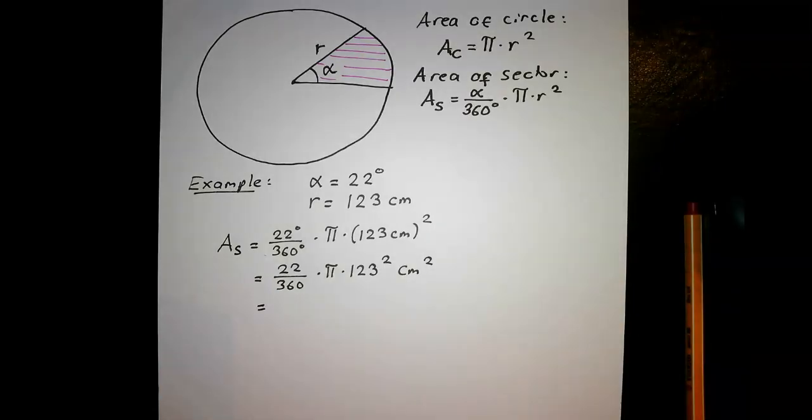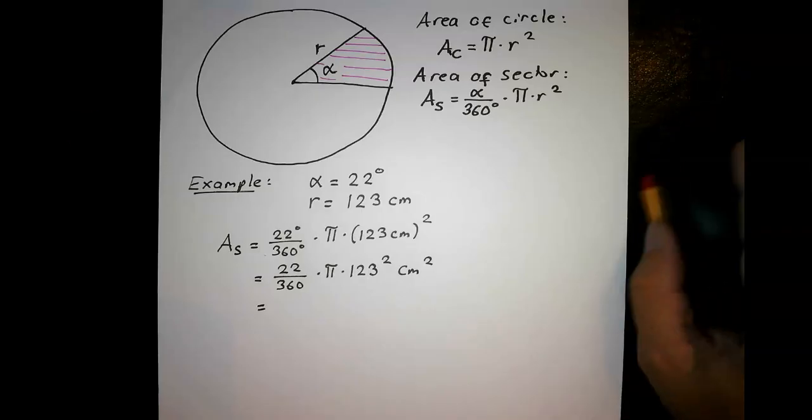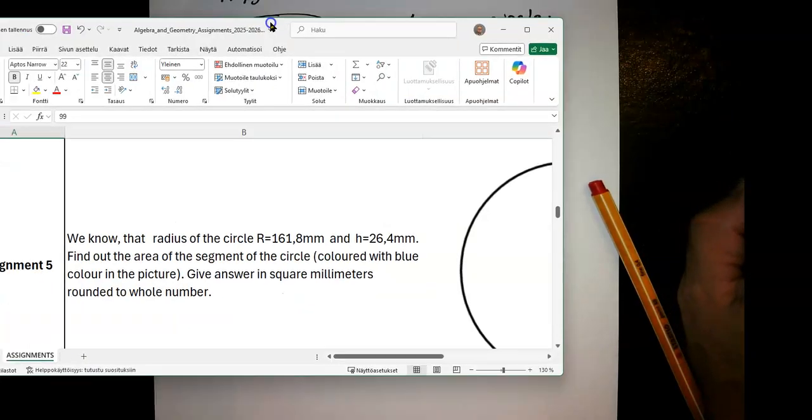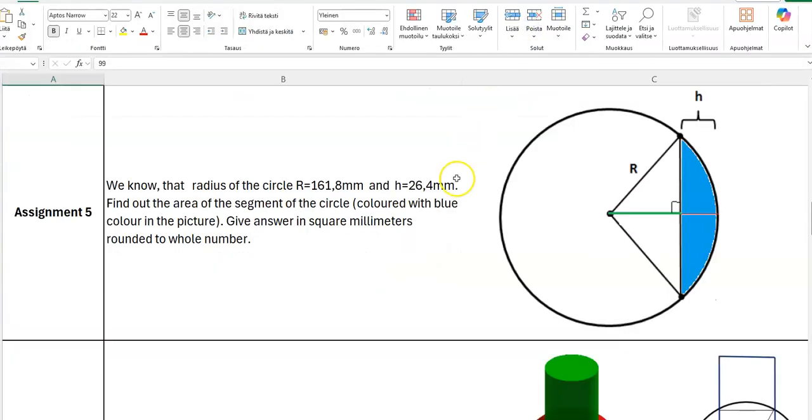So this is very easy to calculate, and in this assignment 5, the first thing to find out is, you know here the radius of the circle, and you know this length here, and with the help of those numbers you may calculate the angle here.